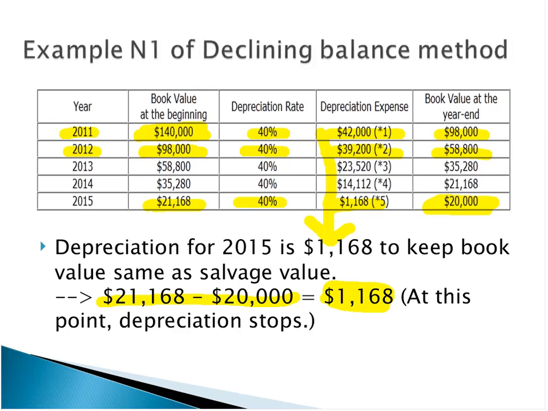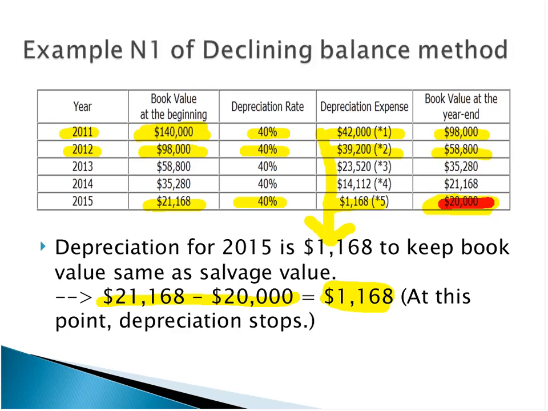You remember, we are going to sell this equipment after 5 years of use for 20,000. The depreciation expense will be changed, because we cannot put the original depreciation expense for the last year, which would be around 8,000, right? It's a lot. If 21,000 minus 8,000, it would be much less, and then we are going to sell this equipment in the future.